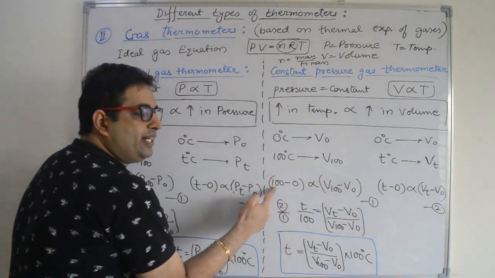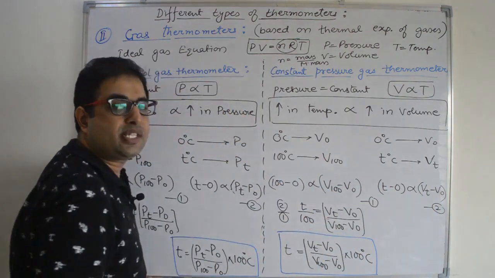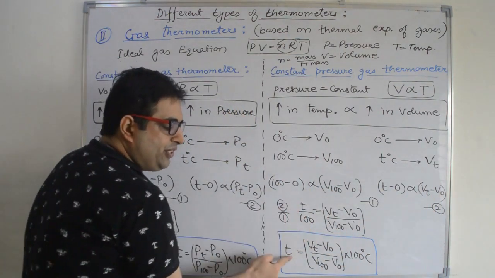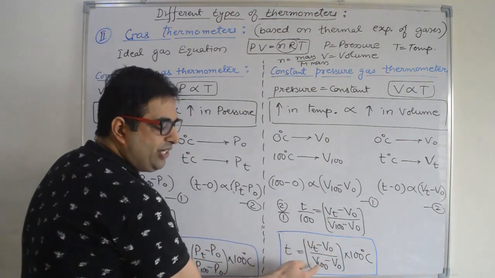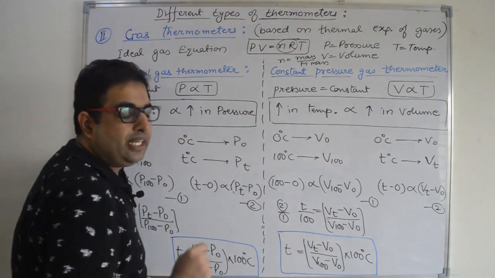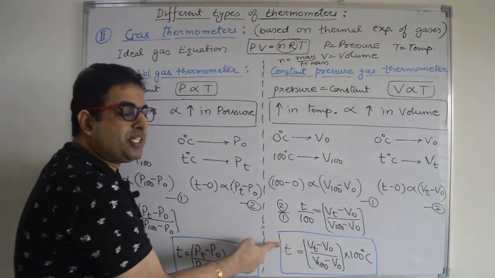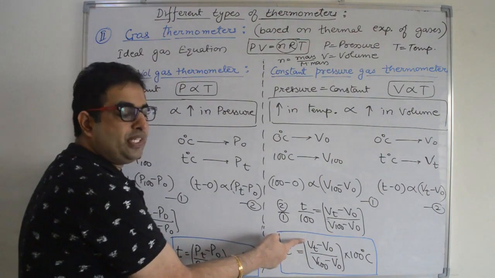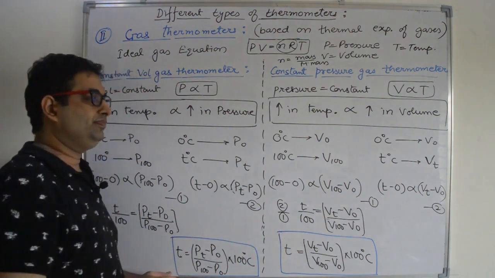T/100 = (Vt − V0)/(V100 − V0). So T is (Vt − V0)/(V100 − V0) × 100 degrees Celsius. This is the value of temperature when the volume of the gas is Vt. Got my point?